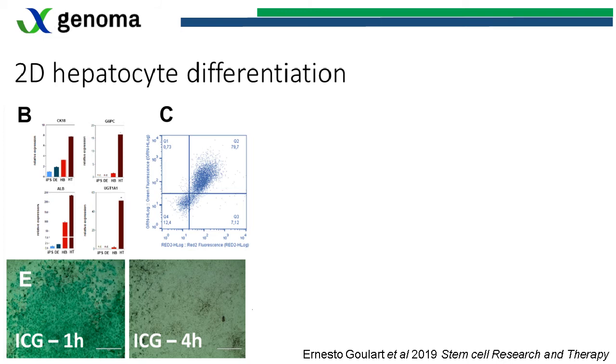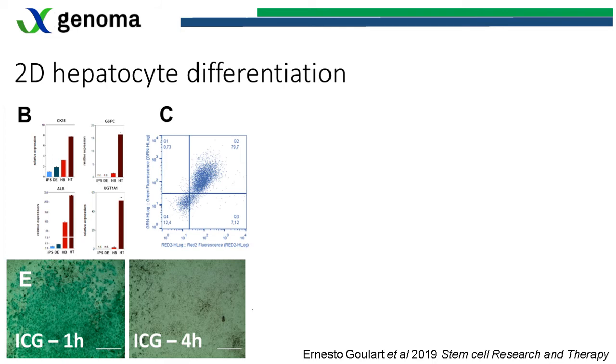So on the bottom image, we can see an assay where we put this dye called ICG, and this green dye is transported into the hepatocytes and then transported back to the lateral plate of the hepatocytes, which is a process called basolateral transportation.